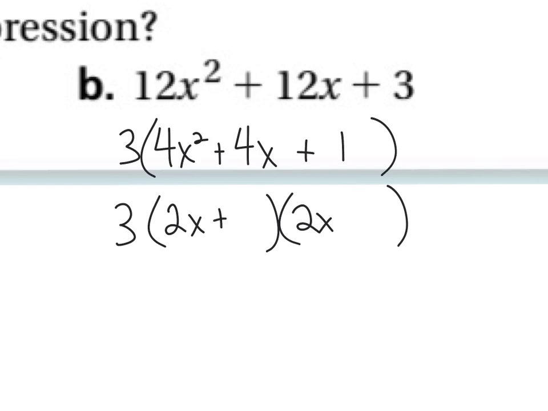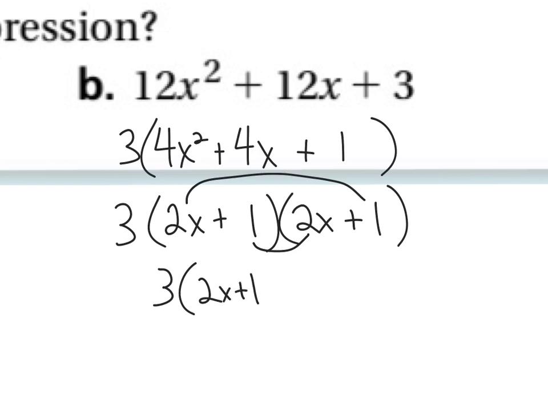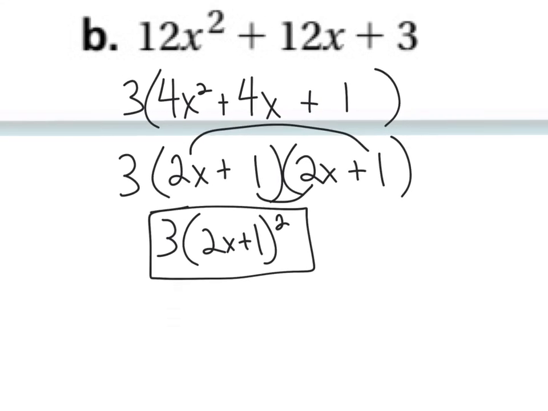All the signs are positive, so these will both be positives. To get the 1, we'll need 1's in both of these spots. You can check the middle term. That's 2x plus 2x is 4x. And then since those binomials are identical, we can rewrite that as 3 times the quantity 2x plus 1, quantity squared.